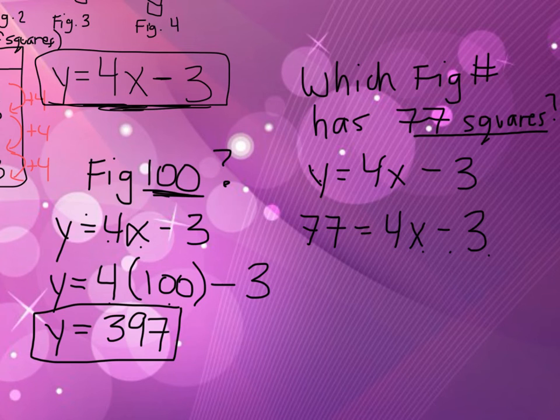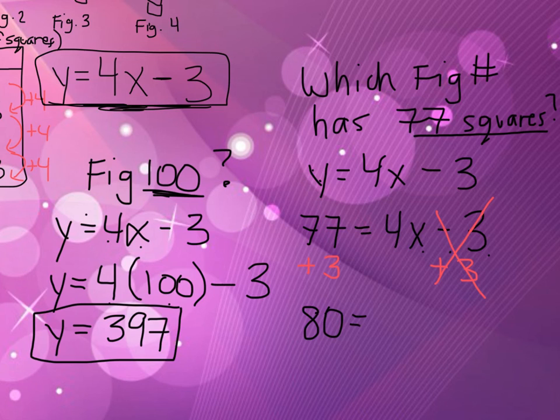Well, this is an algebra type problem where we need to start working backwards to isolate x. So the first thing we do is get rid of the minus 3 by adding 3 to both sides of the equation. And we do that because negative 3 and positive 3 cancel each other out. 77 plus 3 gets me 80.